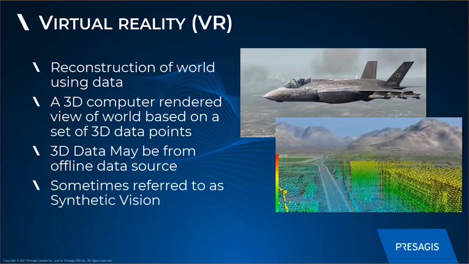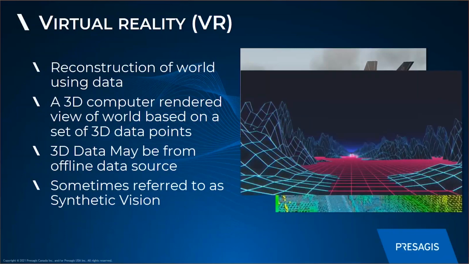Sometimes this is referred to as synthetic vision. So the idea is we can reconstruct and give a presentation of the world around us without actually seeing that world. The computer regenerates everything around us and we're not actually seeing the real scene.